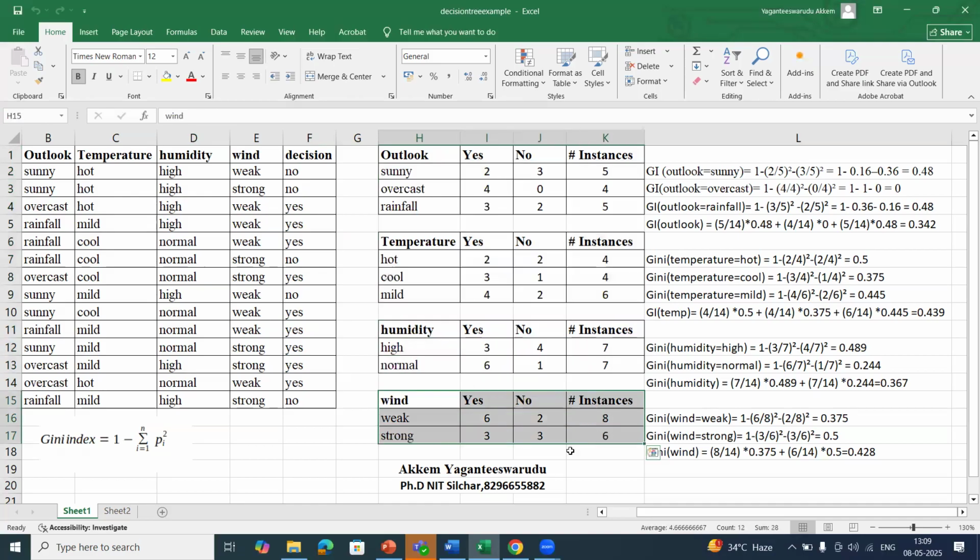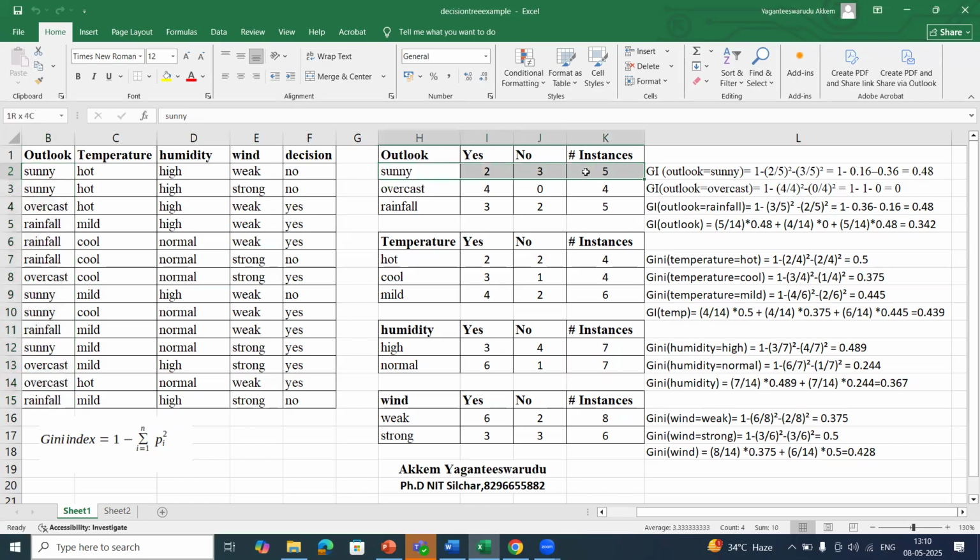There are no complex calculations, just very simple calculations. If I take outlook, how many unique values are there? Sunny, overcast, and rainfall. So three unique values, sunny, overcast, and rainfall.